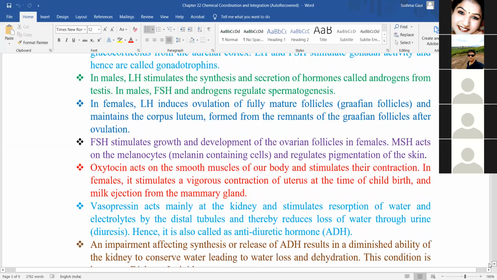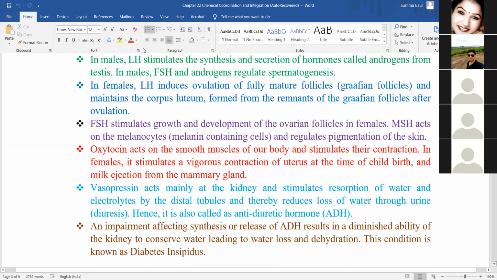Okay, so in case of male, this luteinizing hormone is responsible for stimulating the synthesis and secretion of hormones known as androgens from testes. So now what you have to remember is the name of the male hormones, from which portion they are secreted, and which hormone is responsible for their stimulation.